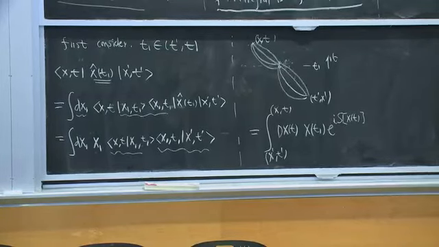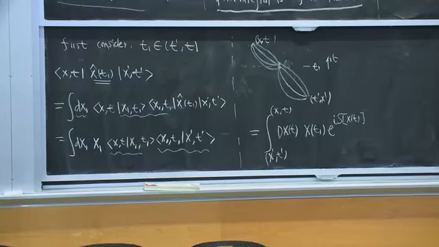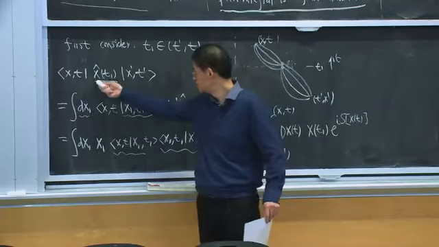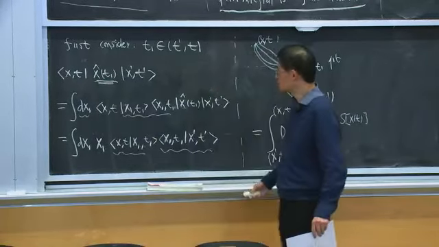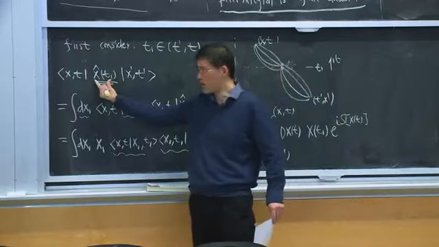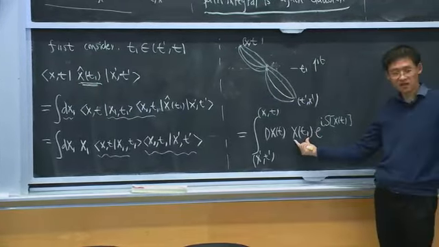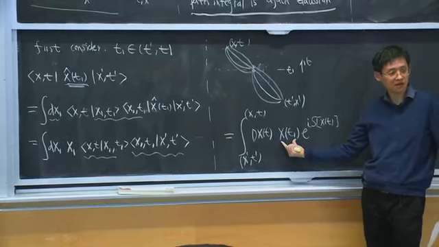So this is very suggestive. It tells you that when we insert an operator here, what we do is just translate the eigenvalue of this operator and plug it into the integrand.